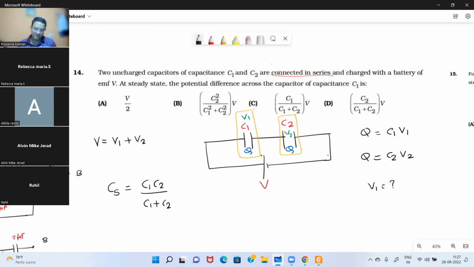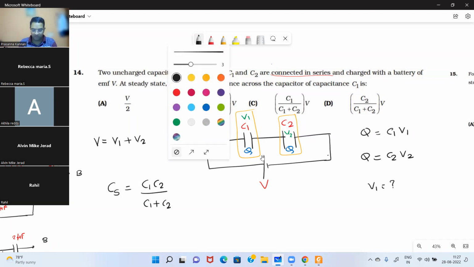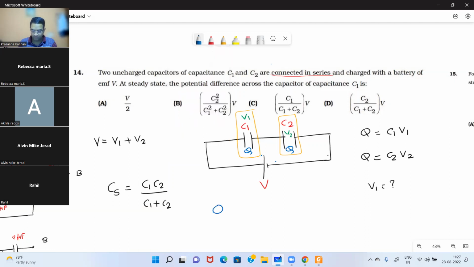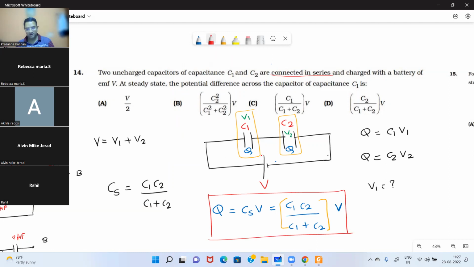And the total voltage is V. So the total charge will become equal to the total capacitance into the voltage. The total capacitance is given by C1 C2 divided by C1 plus C2. That's the total capacitance multiplied by V. So this will be the total charge. Correct?